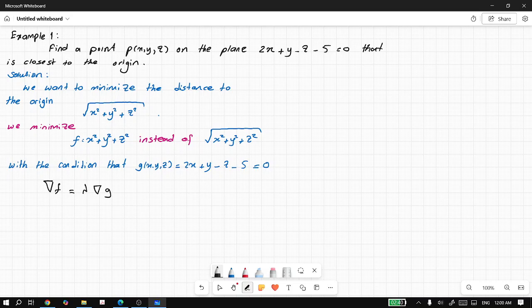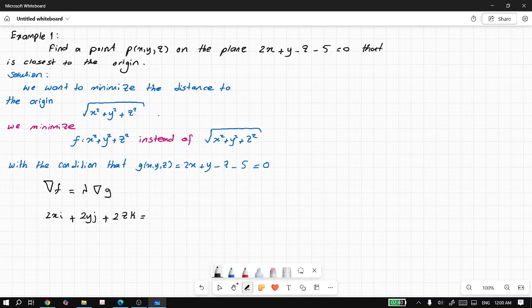What is grad of f? We have studied this one previously. Grad of f is equal to 2x i, the derivative of the function f with respect to x, plus the derivative with respect to y, plus the derivative of the function with respect to z.